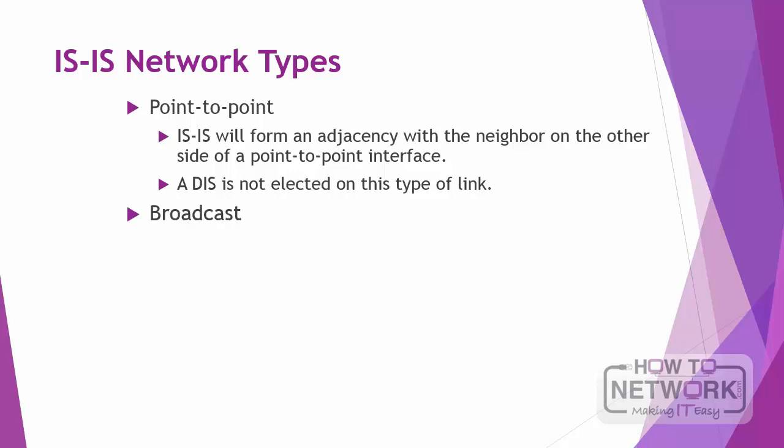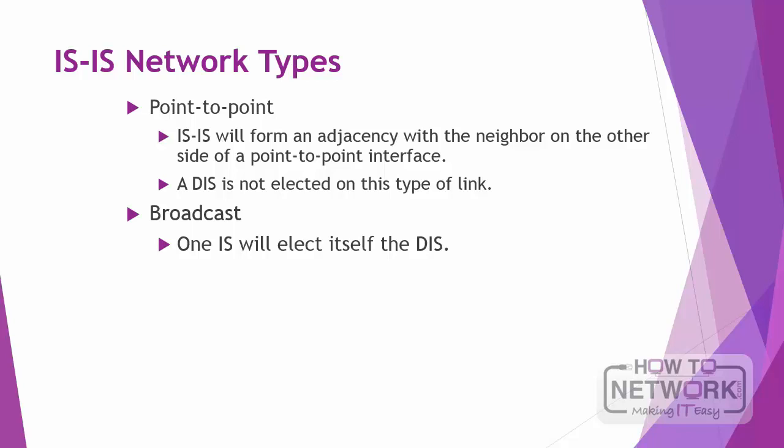Next, there's broadcast networks such as Ethernet, even token ring. These are multi-access and they are able to connect more than 2 devices. All connected routers will receive a packet sent by one router. On broadcast networks, one IS will elect itself the DIS.